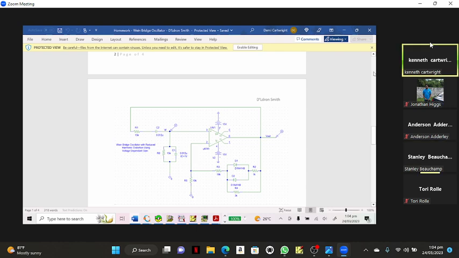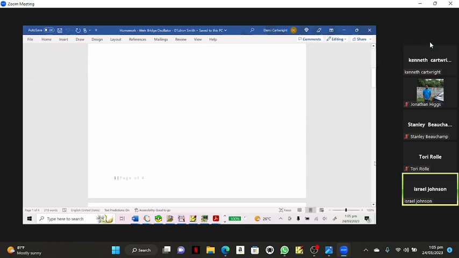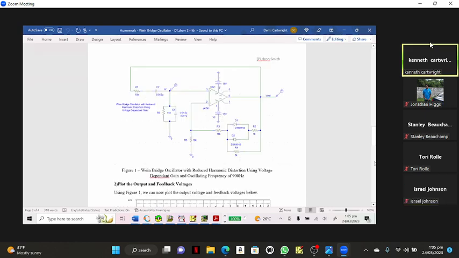All right. So what's the gain of this circuit? What's the gain of the op-amp circuit? 1.8. How did you get that? 3.28. How did you get that?